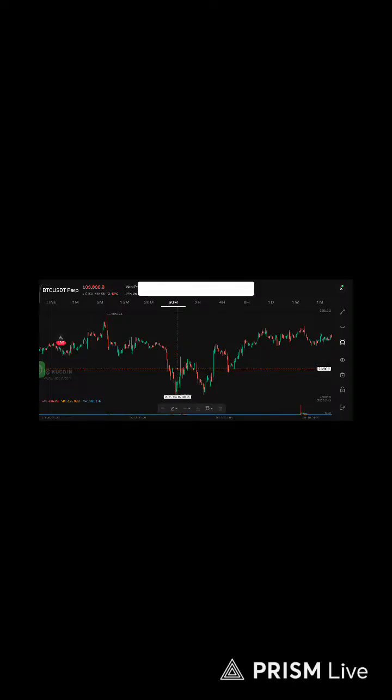All right. This is an example of a morning star. If you look at this, the market was in a downtrend, and all of a sudden it forms a long bearish engulfing candle, which signifies that there's high selling pressure.